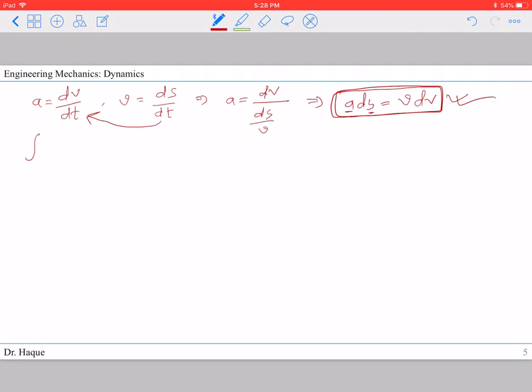So we will get ds equals v over a dv, and again integration.